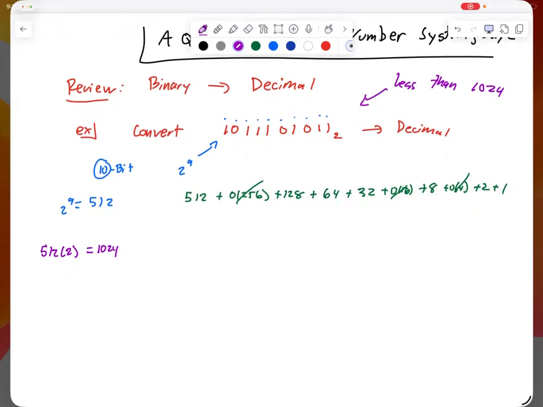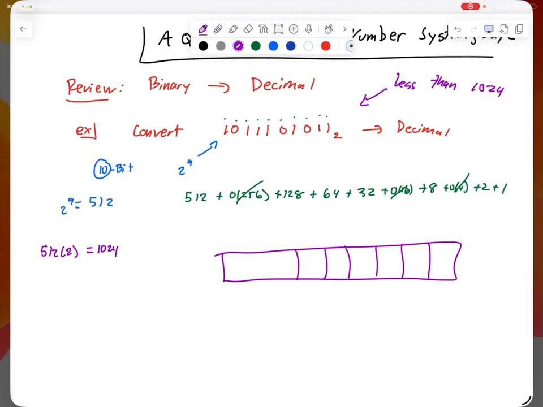So I need to have a calculator. Another way you can do this, as we learned, is to put the numbers in. So this is 1, 2, 4, 8, 16, 32, 64, 128, 256, and one more with 512.